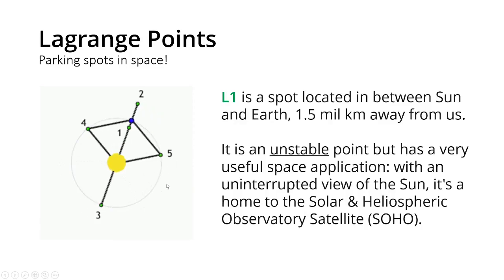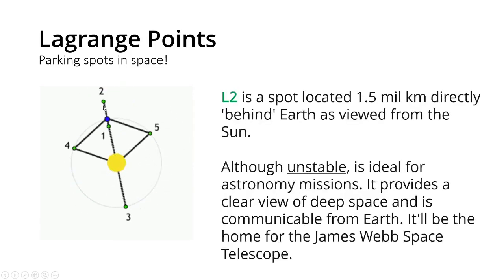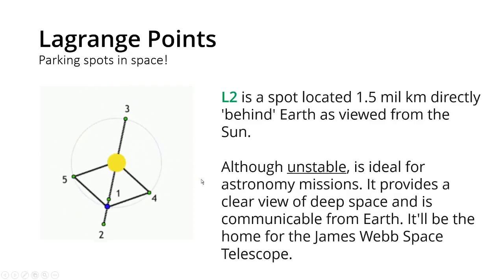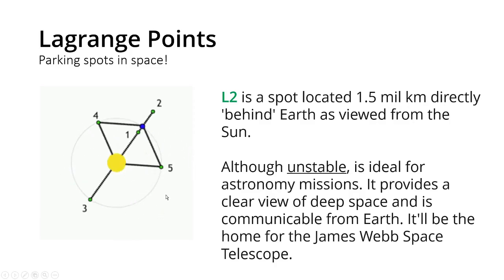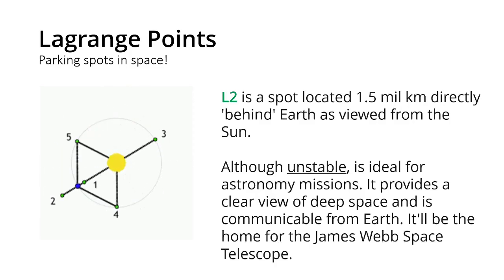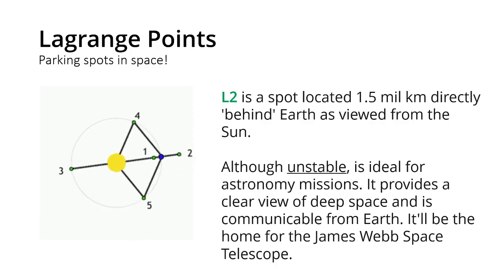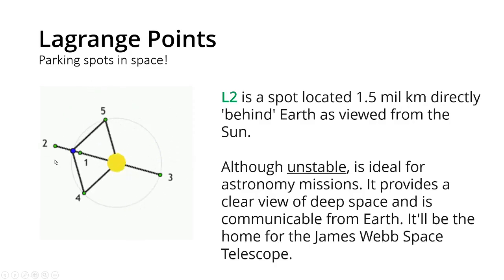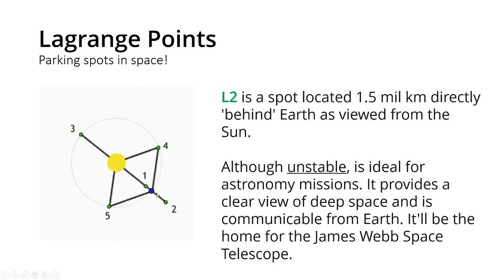Let's look at L2. L2 is a point behind Earth. Because it's farther from the Sun as compared to Earth, the period is supposed to be longer and it should move slower, right?